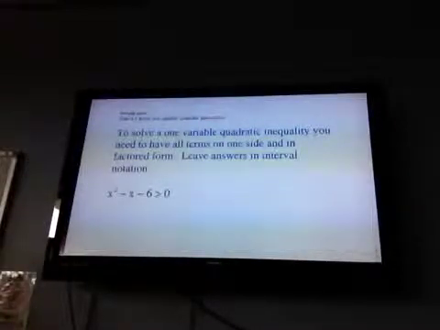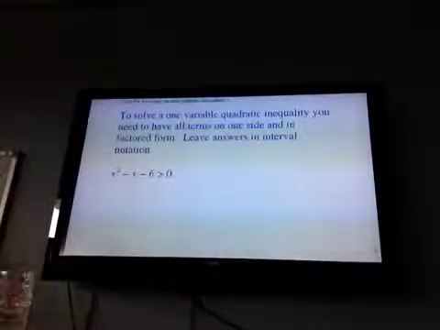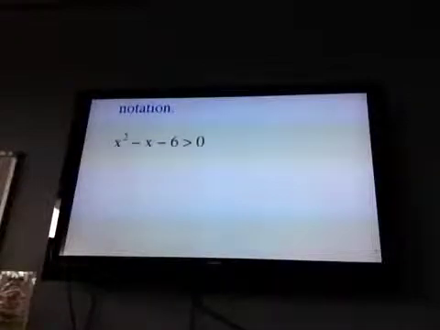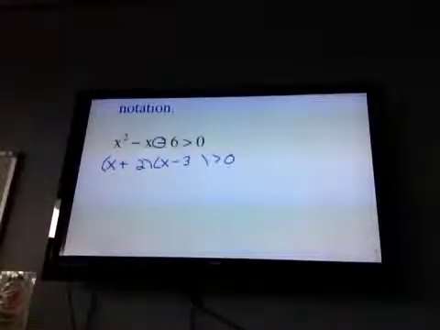I have everything on one side. 0 on the right side, so you want that to happen every time. If it's not, get it into that form. Okay? So, we factor. So I have x times x, only choice, minus last term, one of each sign, and a minus 3 and a positive 2 will give me that negative 1 in the middle.